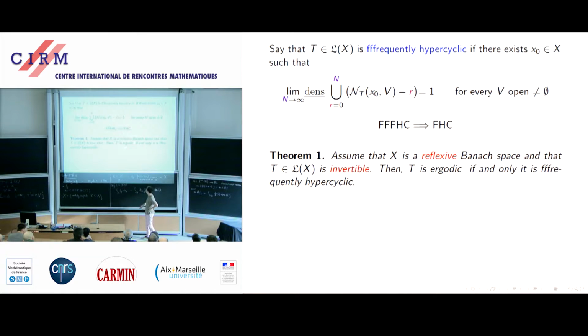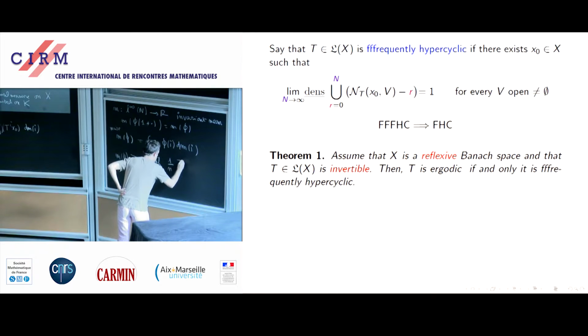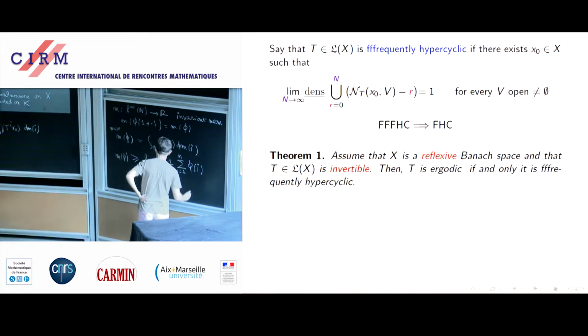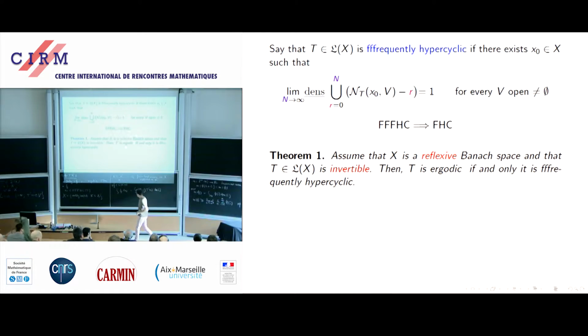So you can view this measure as a Borel measure on X, which is supported on K. And what I forgot to write here is that I assume that my mean satisfies this. So this is a definition of a measure.